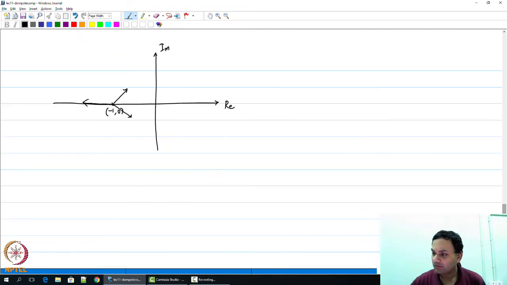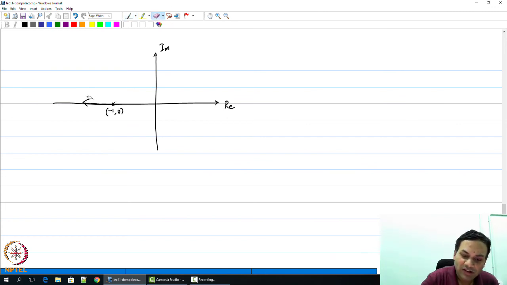And therefore, you find that at a value of a naught f, these 3 poles now are such that the first pole is at minus 3, 0. So this is at a naught f equal to 8. So they move in this way. And the other 2 poles have moved to plus or minus j root 3.